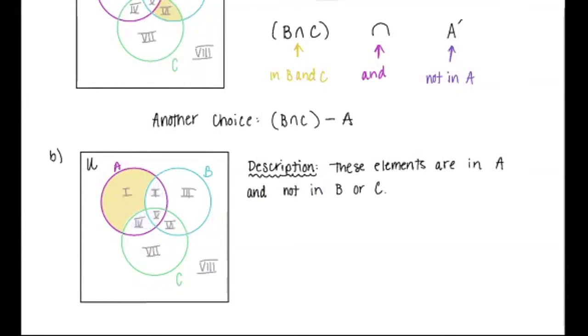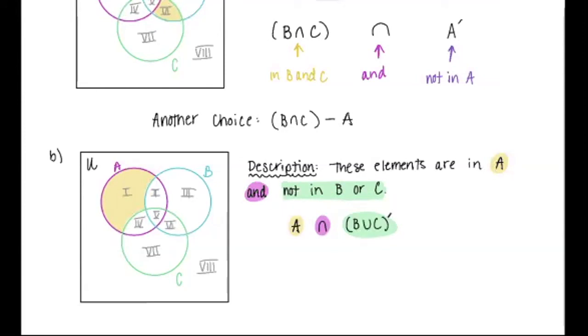Okay. So translating that to words, they're in A. So I go ahead and take set A. And "and" tells me I take an intersection. And then not in B or C would mean I take the complement of B or C. So B or C is the union, and I want to take the complement.